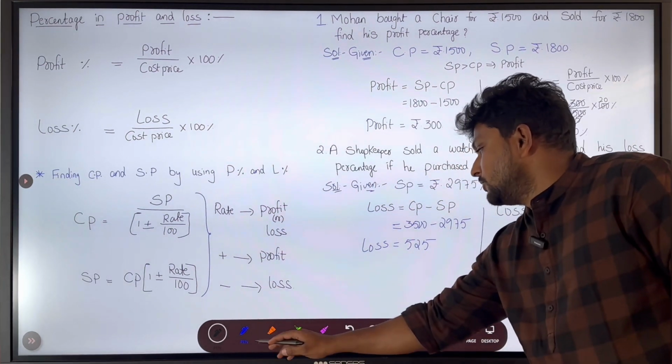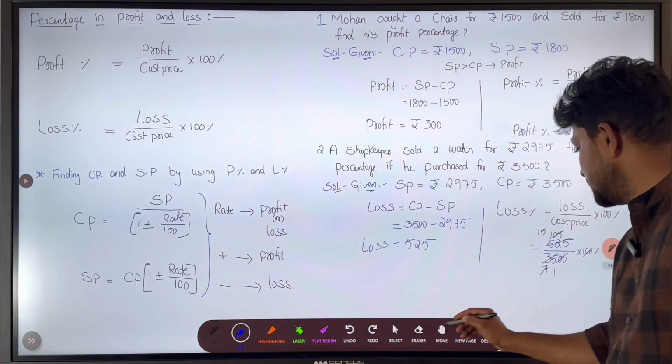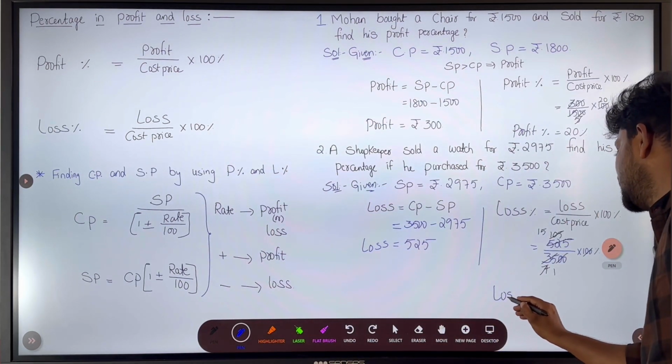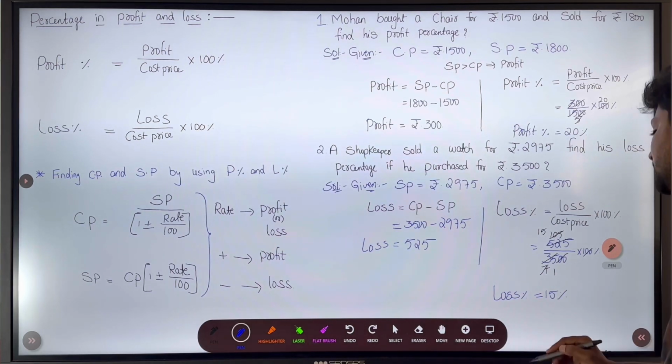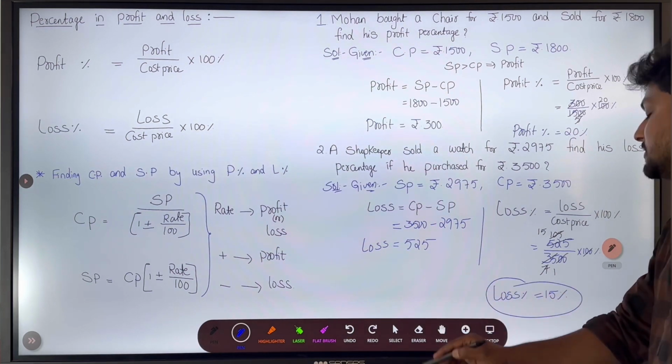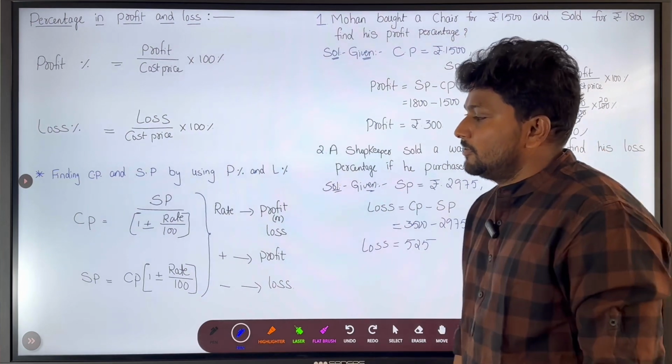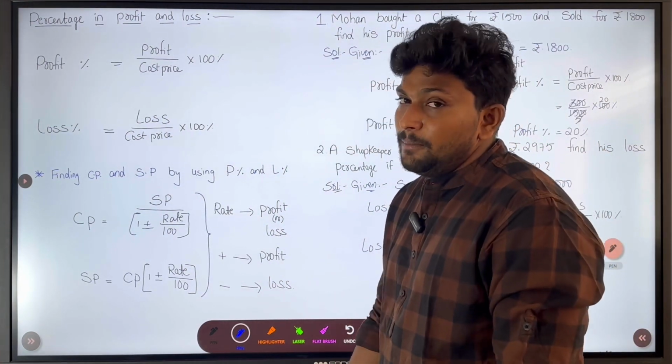So the loss percentage equals 15%. Finally we got the result as 15% loss. In this way we will find loss percentage and profit percentage.